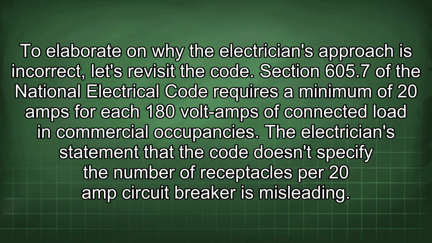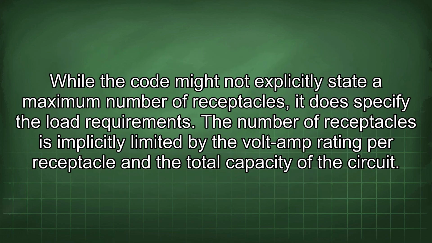To elaborate on why the electrician's approach is incorrect, let's revisit the code. Section 605.7 of the National Electrical Code requires a minimum of 20 amps for each 180 volt-amps of connected load in commercial occupancies. The electrician's statement that the code doesn't specify the number of receptacles per 20-amp circuit breaker is misleading. While the code might not explicitly state a maximum number of receptacles, it does specify the load requirements.